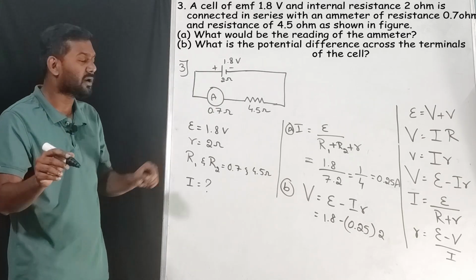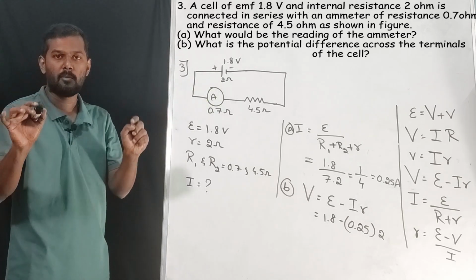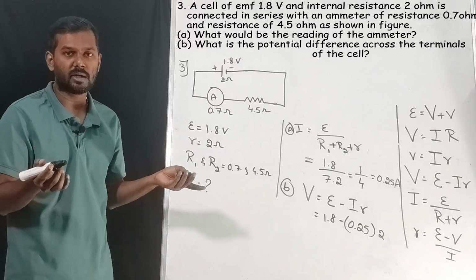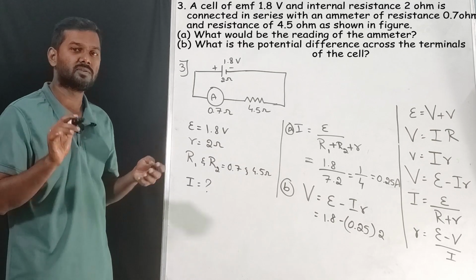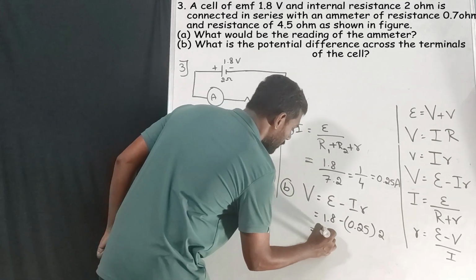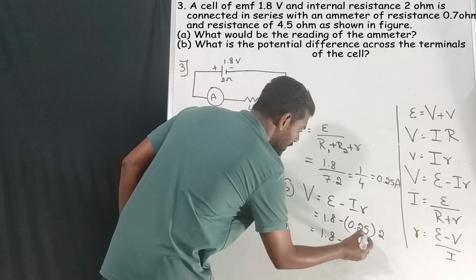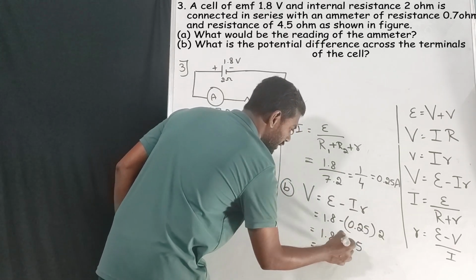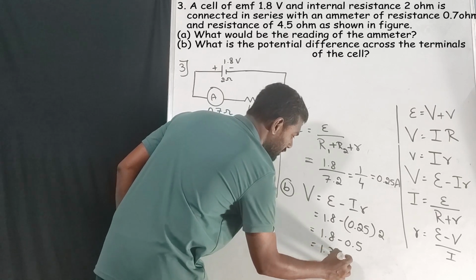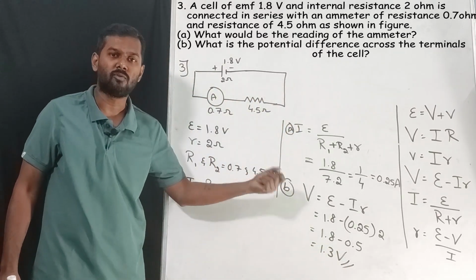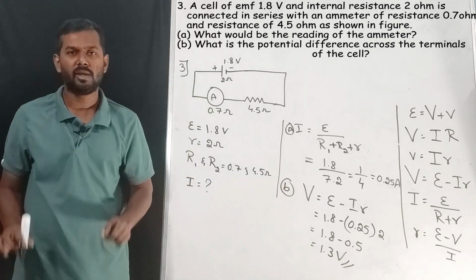Internal resistance is the resistance of the battery, because in a battery also we are using conductors and we are not using superconductors. If we are using conductors, that will have some resistance. Now we'll get 1.8 minus 0.25 into 2, that will be 0.5. So 1.8 minus 0.5, that will be 1.3 volts. That's it. So what we are finding is terminal voltage, and the unit will also be volts.